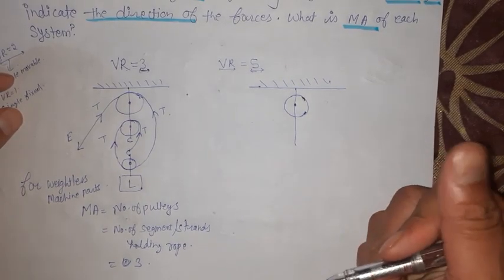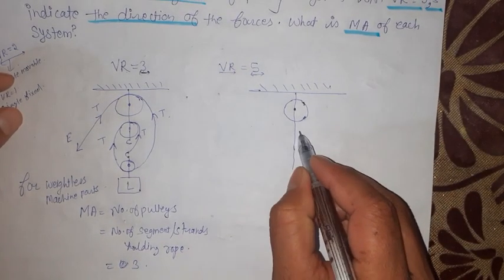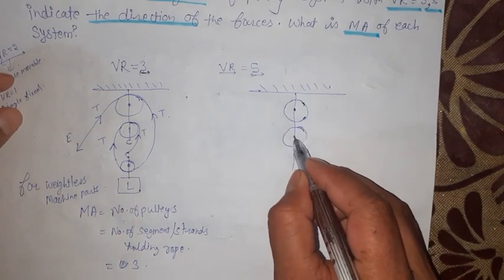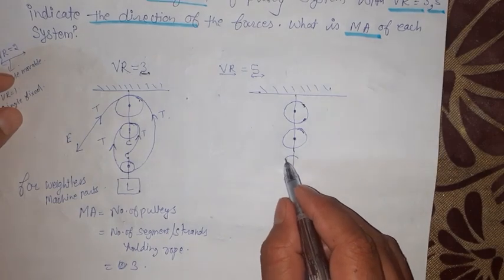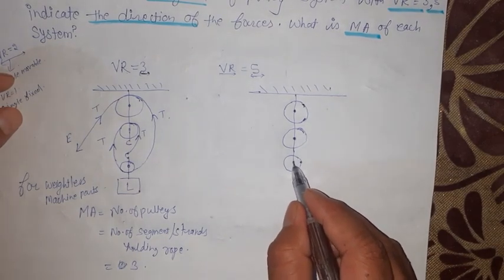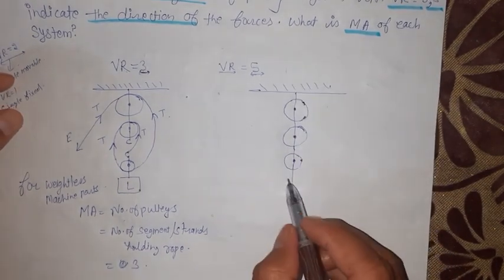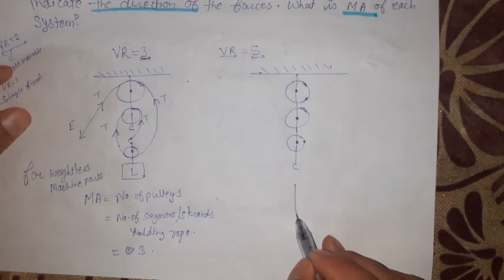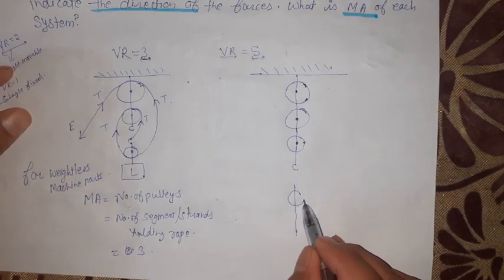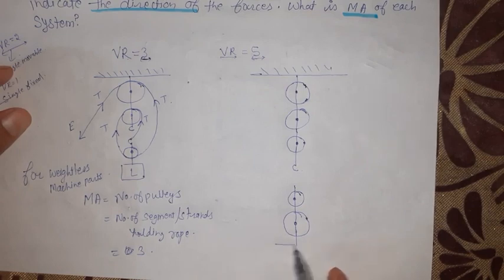So I am going to use 3 in the upper block and 2 in the lower block. But remember, there must be a spacing between the two; don't attach them together. This is the block, and this dot which I am showing is the axle. Here is the hanger, and 2 will be in the lower block. Here is 1, and here is 2, and this is the load.